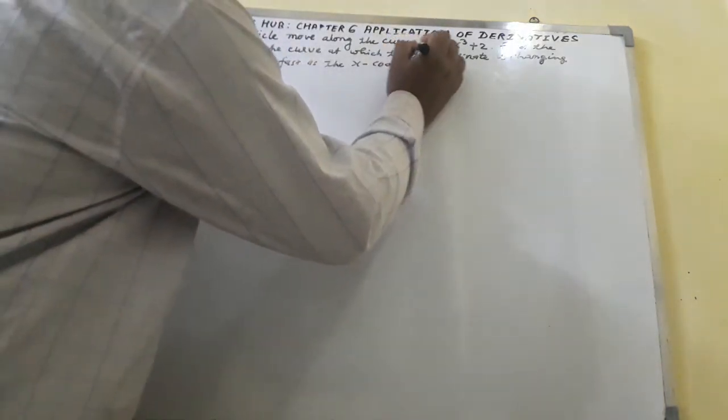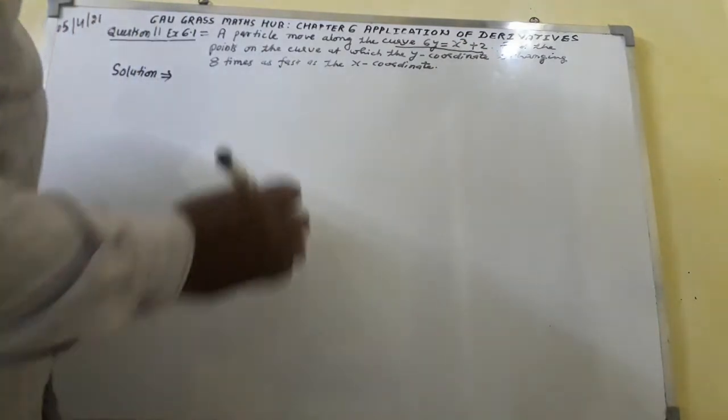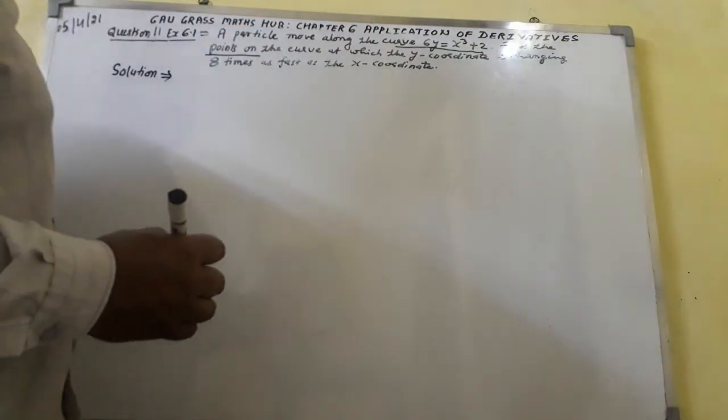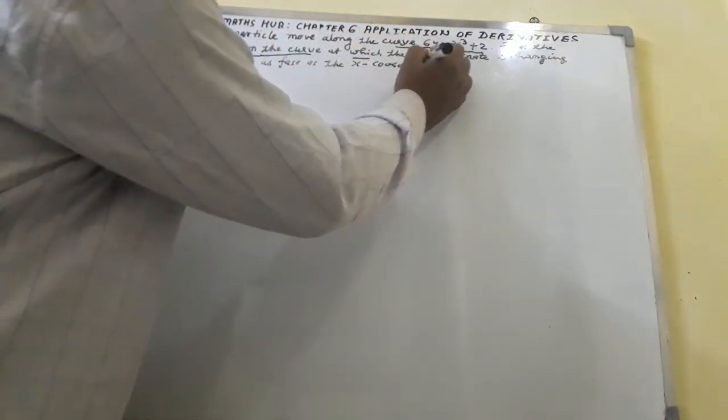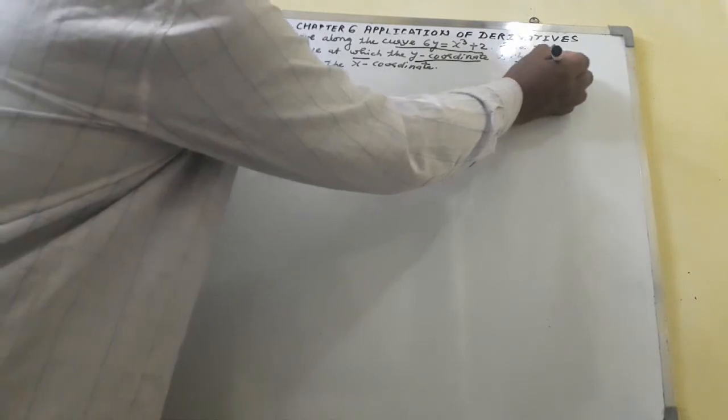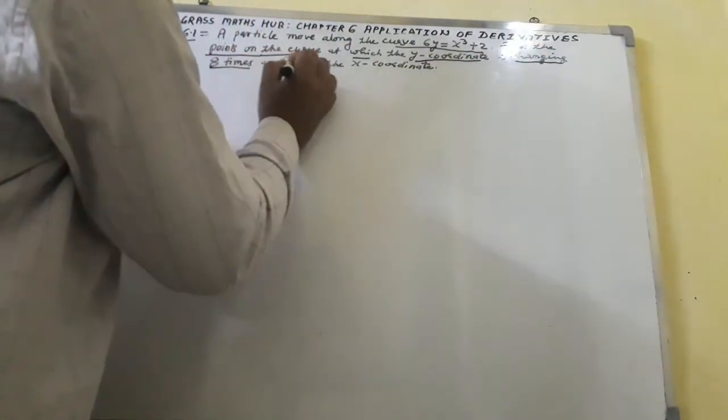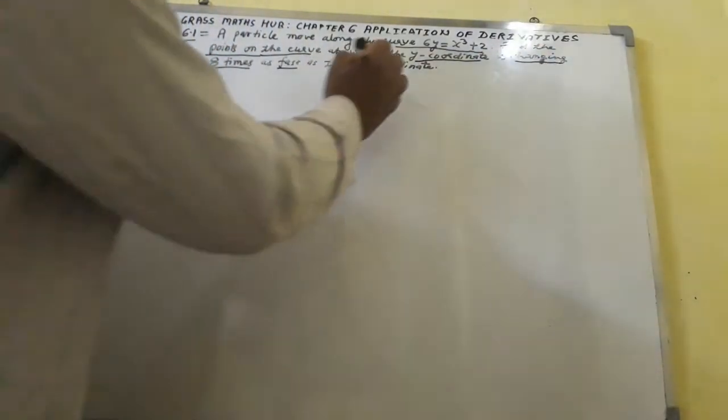Here a particle moves along the curve, the curve is given. We have to find the point on the curve at which the y coordinate is changing 8 times as fast as the x coordinate.